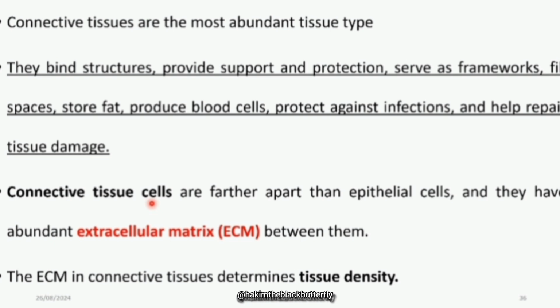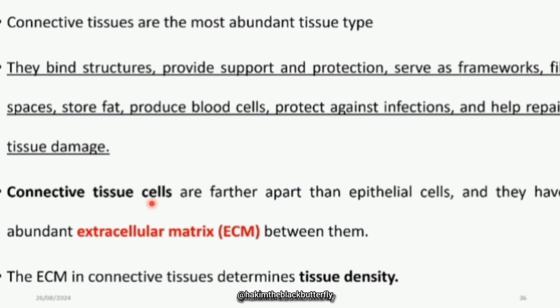In epithelial tissues, the cells were tightly held together, but in most connective tissues, the cells are going to be further apart. And around the cells, we said we have what we call the extracellular matrix, and this is made up of a medium that we call the ground substance plus the protein fibers in that medium.